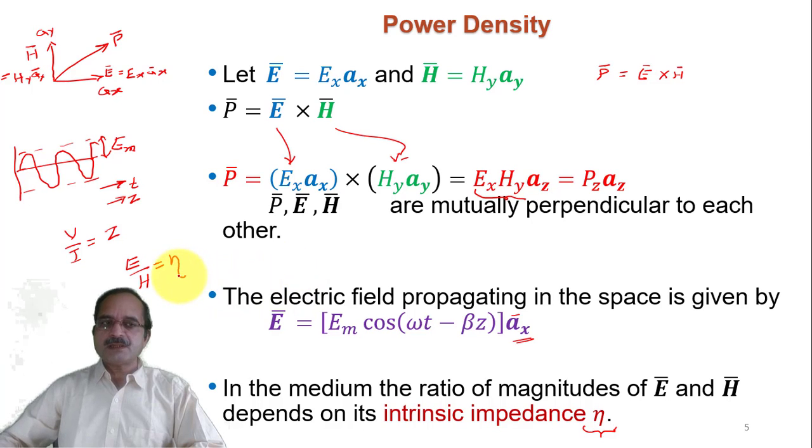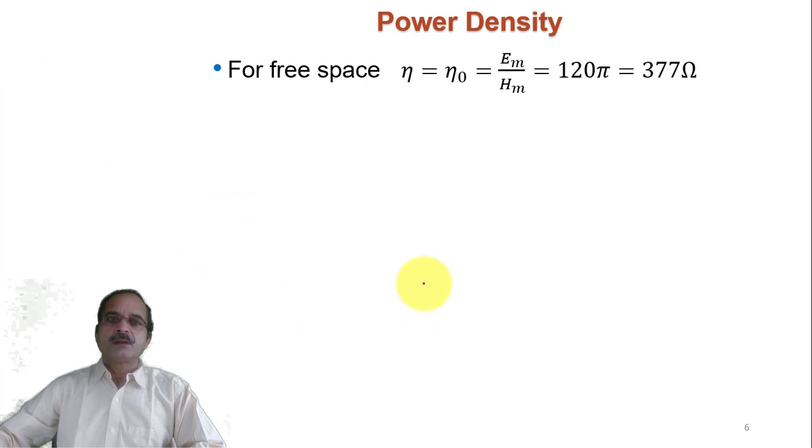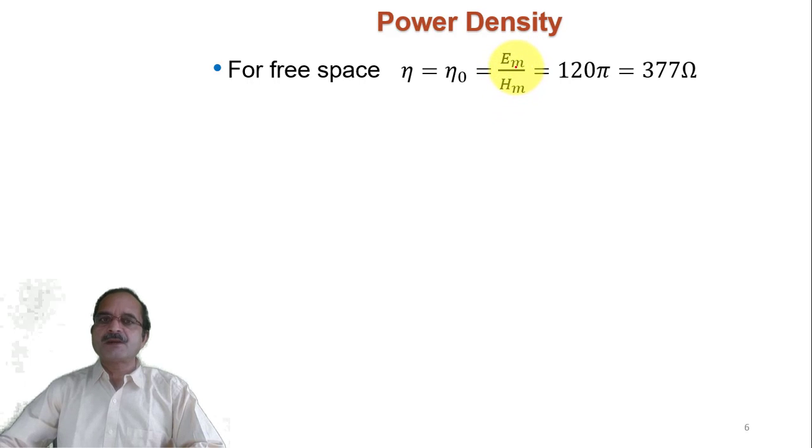More details about eta, propagation constant, intrinsic impedance, and so on, we'll study in the topic uniform plane wave propagation. That is the last topic in this subject. So eta is the ratio of electric field upon magnetic field, Em upon Hm, the peak value of electric field divided by the peak value of magnetic field. And eta 0 represents the intrinsic impedance for free space, and this value is 120 pi or 377 ohms.